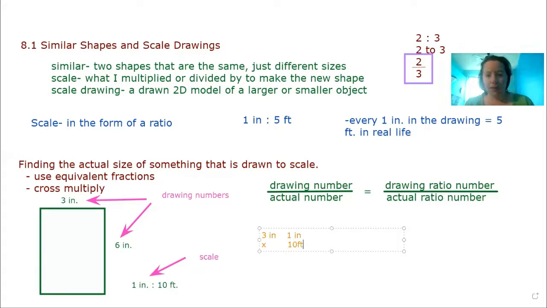Let me put it up larger. There we go. Okay, let me add in my lines and my equal sign.